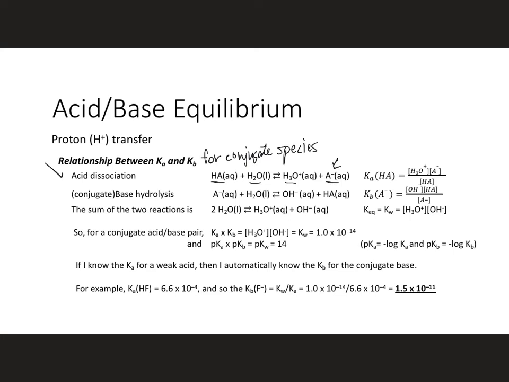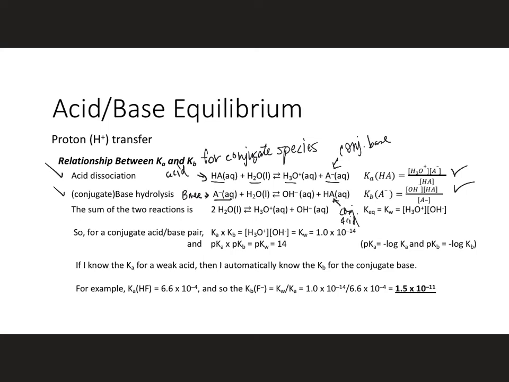Now, this is my conjugate base. This is my acid. Here is a base hydrolysis for the conjugate base. Again, there is my base, and here is my conjugate acid. Here are my equilibrium constants. There's the Ka for HA, there's the Kb for A minus.